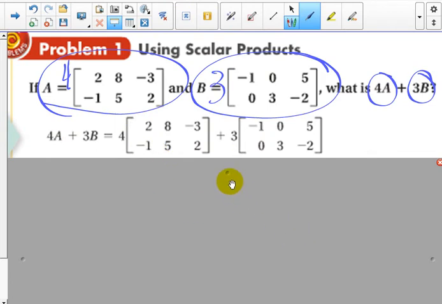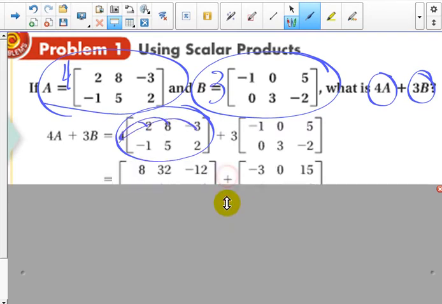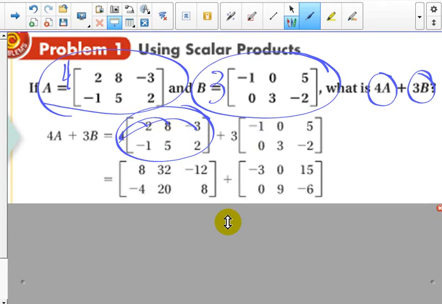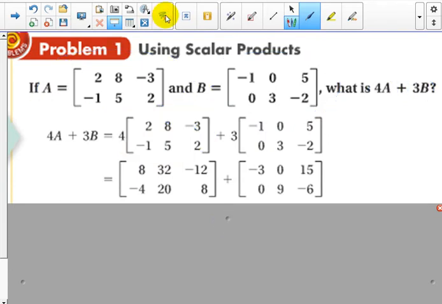So that means that we have to multiply everything in this first matrix by 4. 4 times 2, 4 times 8, 4 times -3, and so on with the next row. So when we do that, we get 4 times 2 is 8, 4 times 8 is 32, 4 times -3 is -12, 4 times -1 is -4, 4 times 5 is 20, and 4 times 2 is 8.